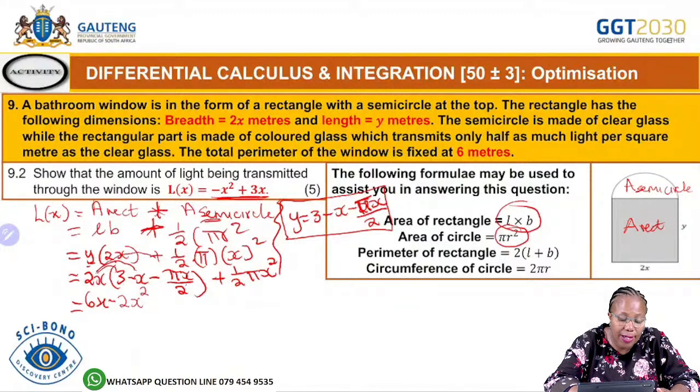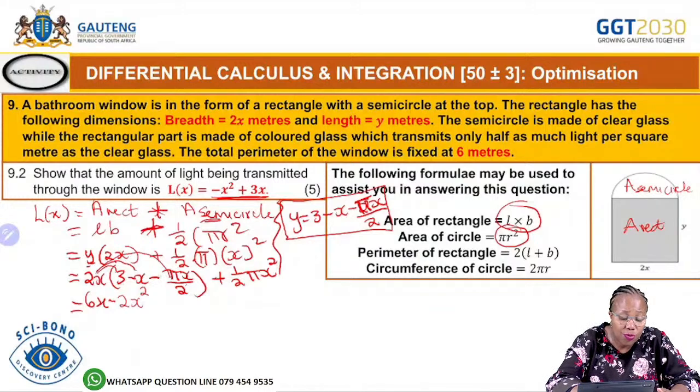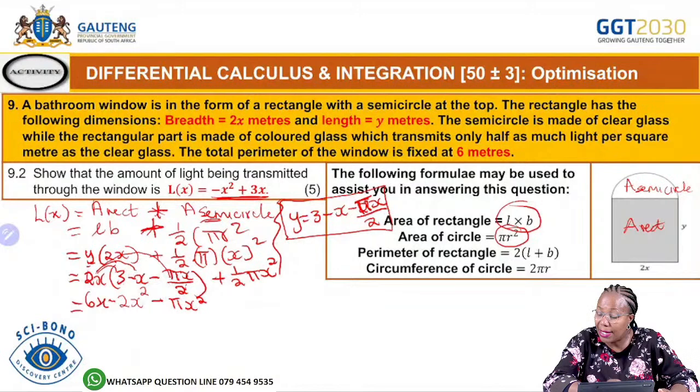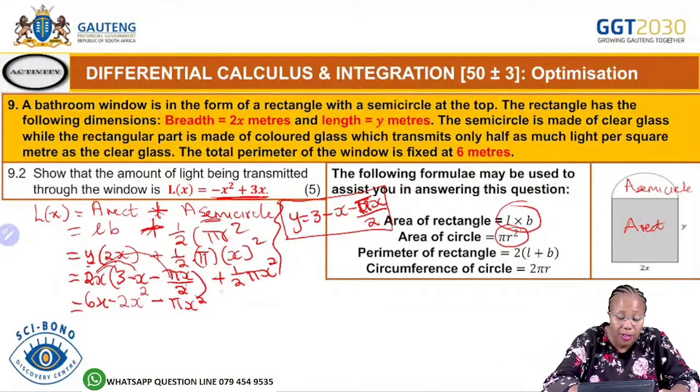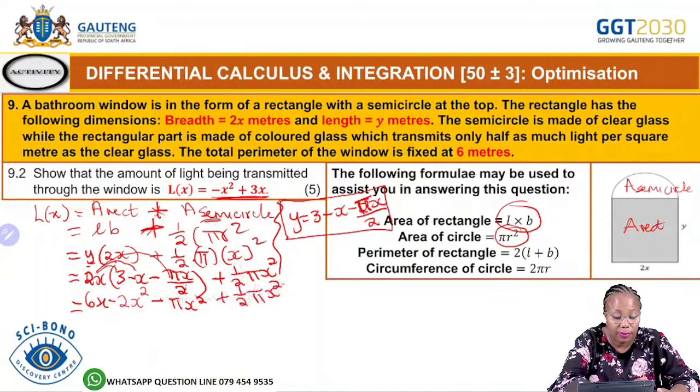And then the 2x times the pi x over 2, the 2 will cancel the 2, then we are left with pi x squared, and then the plus half pi x squared there.